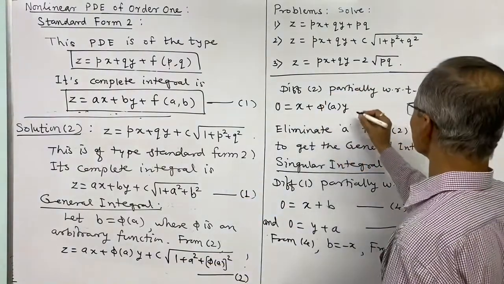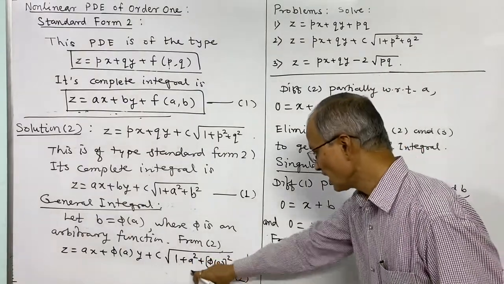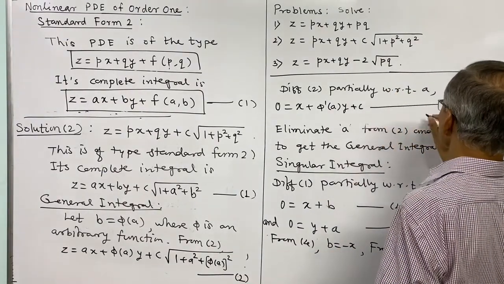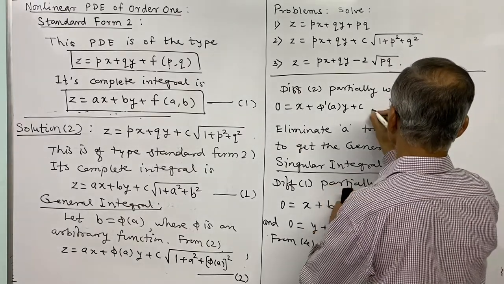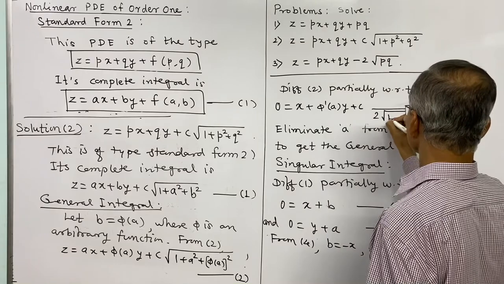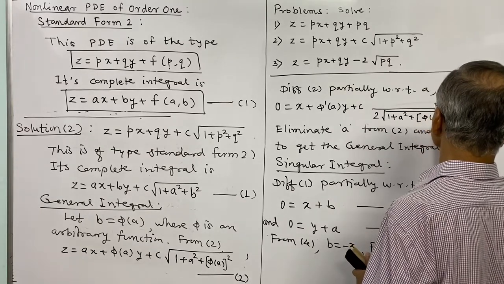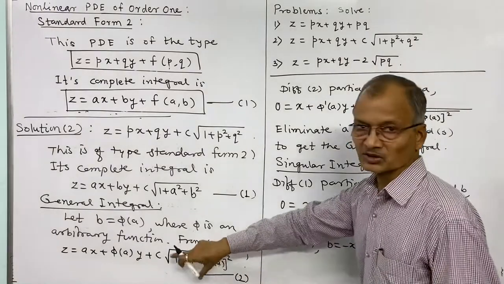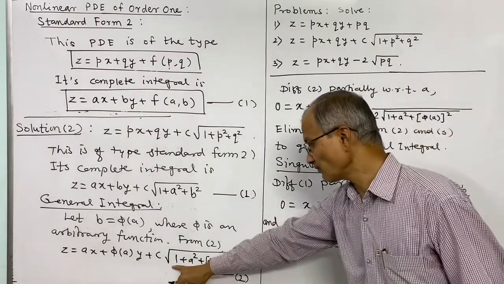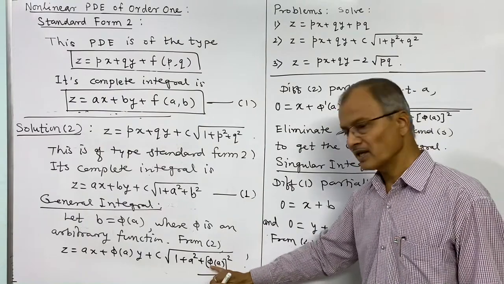And therefore this will be c into 1 over 2 into root of 1 plus a square plus phi of a whole square, and then the derivative of the inner function is to be written in the numerator. The derivative of 1 is 0, the derivative of a square is 2a, and the derivative of square of phi a is 2 into phi a into the derivative of phi a, that is phi dash.